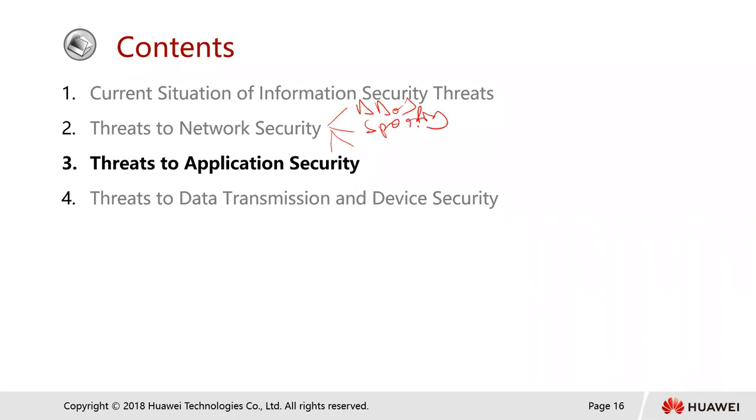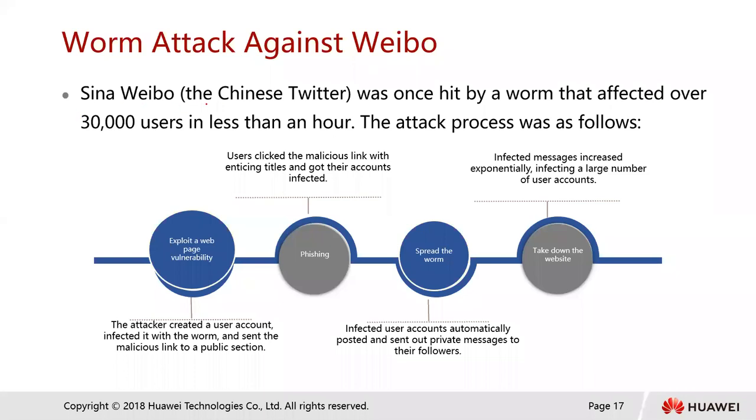So let us look at threats to application security. Worm attack against Weibo. Weibo, the Chinese Twitter, was once hit by a worm that affected over 30,000 users in less than an hour.